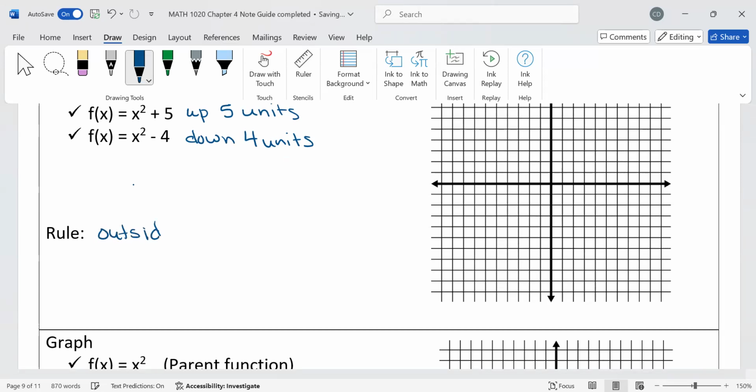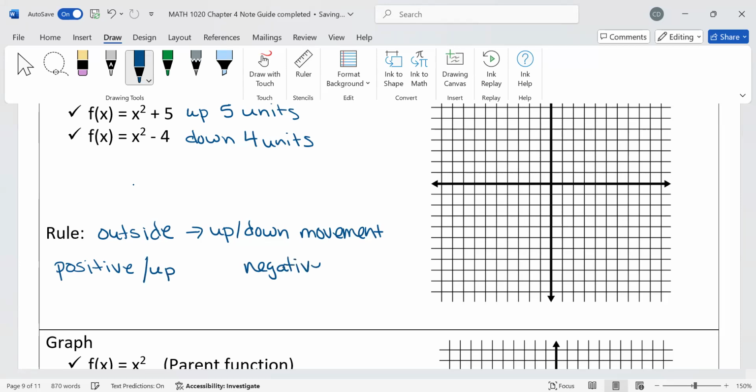So outside, we have an up-down movement or shift. All right, so if it's positive, it goes up. If it's negative or minus, it goes down.